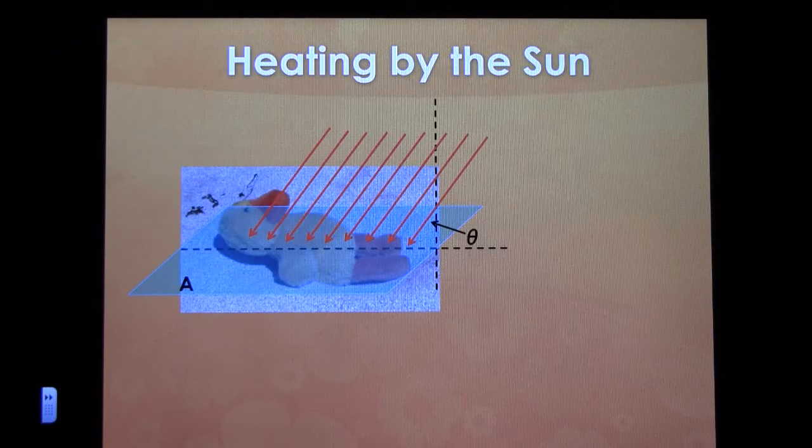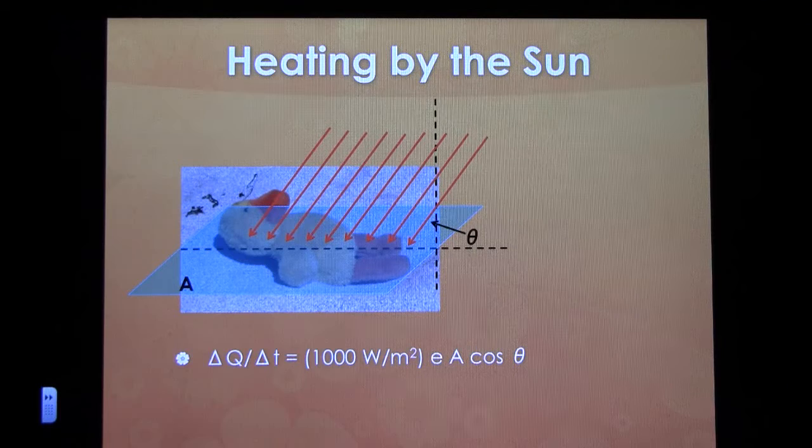We can calculate the rate of radiation by the sun using the formula delta Q over delta T, or rate of radiation, equals 1,000 watts per meter squared times E A cosine theta. So where does the rest of this equation come from?